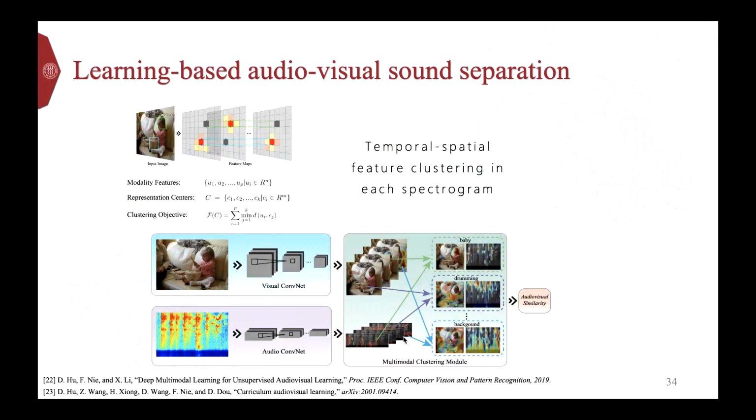Then it can help achieve sound separation by clustering on the audio spectrum. So it's not based on audiovisual feature map computation. It depends on learning the correlation between the audio and the visual information feature maps by learning to align them.